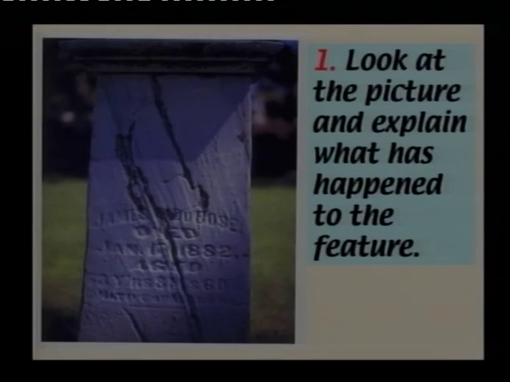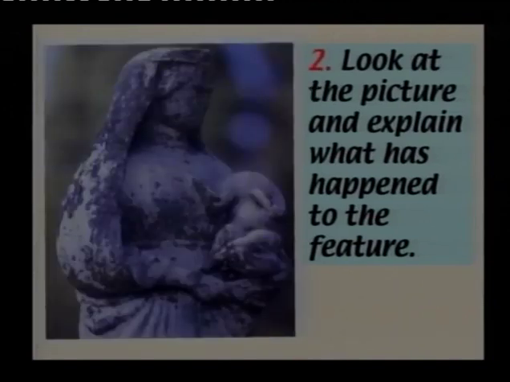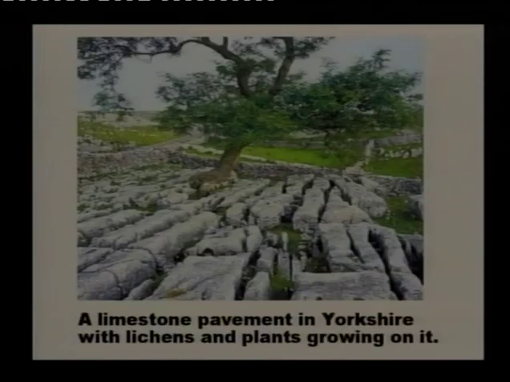Let's look at the second activity. Again, a similar type of activity, but a different feature this time. We do the same thing as what we've done for the first one. Then we have activity 3, the third one. For activity 3, you have a photograph of a limestone pavement, of which, if you look carefully, you can see some examples of lichens and plants growing along or around that pavement.